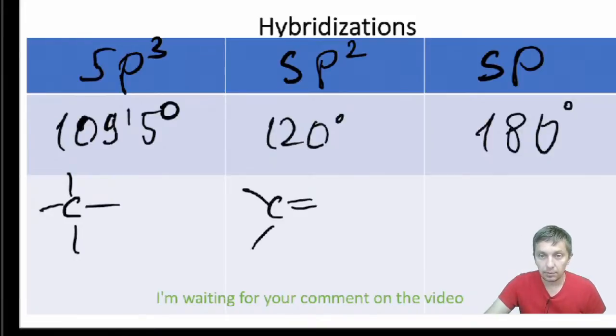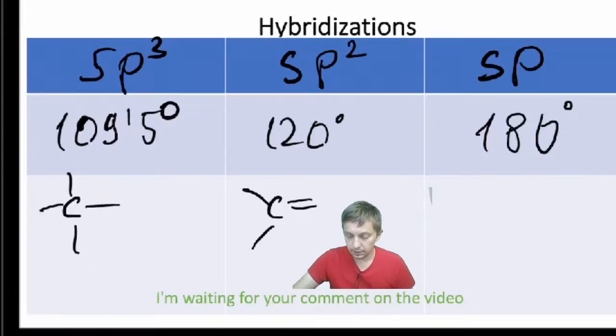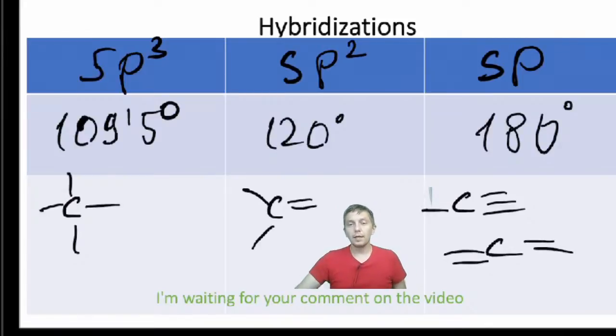And if we're talking about SP hybridization, it's either a triple bond with a single bond, or 2 double bonds together. So for any questions about hybridization in organic chemistry, you must memorize only this table: sp3, sp2, sp, and these angles and this structure.